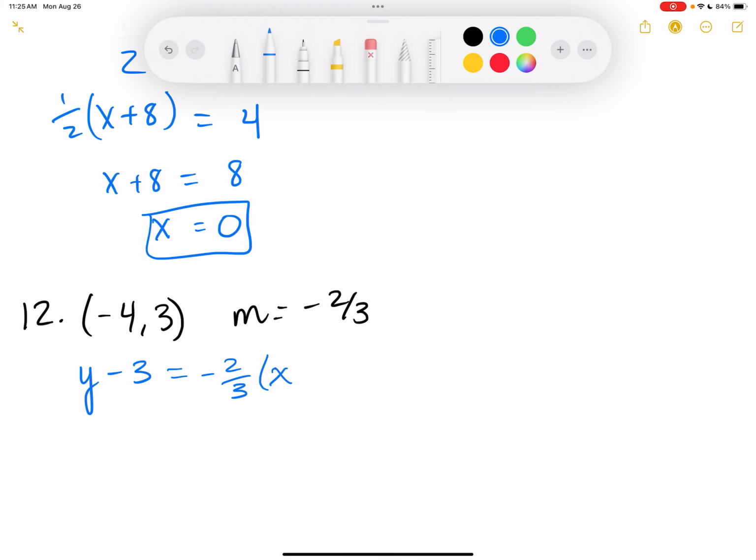Yep, minus the negative, so plus. And that's a totally acceptable way to leave it. That's an equation of the line. They said point slope form, so leave it like that. If you want to take it farther, you can, but you can also just leave it there.